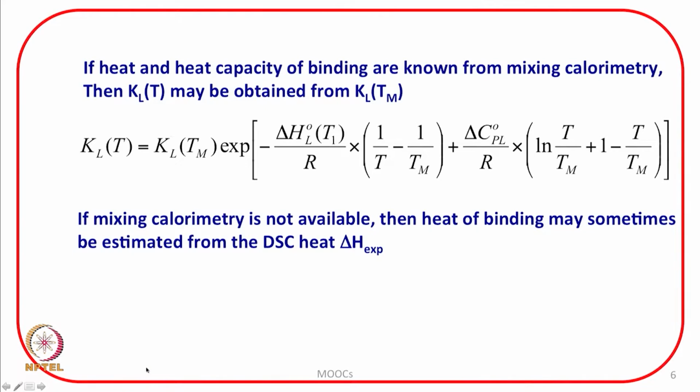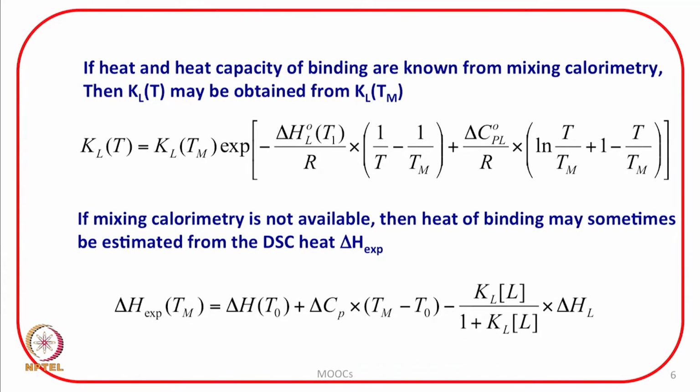If mixing calorimetry is not available, then the heat of binding may sometimes be determined from DSC, and how we get delta H, this is what we are interested in, delta H exp or we can write HL, no problem. This is equal to the written equation. How is it? Let me explain that.